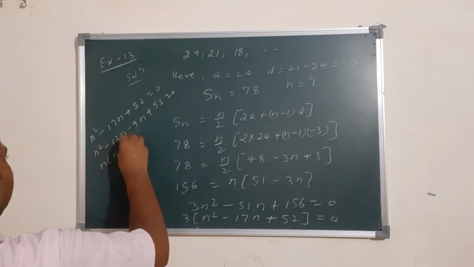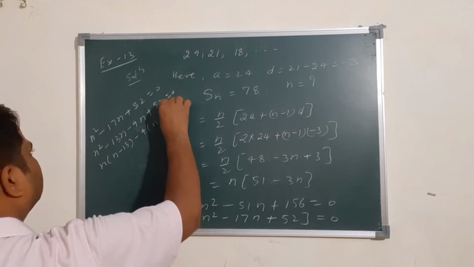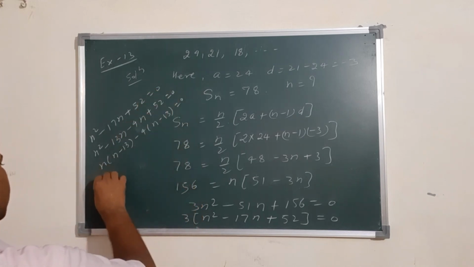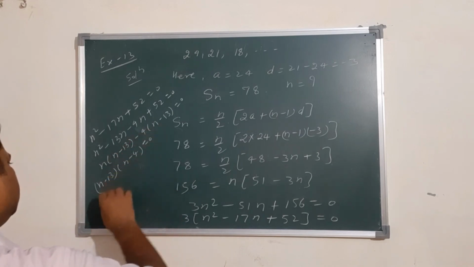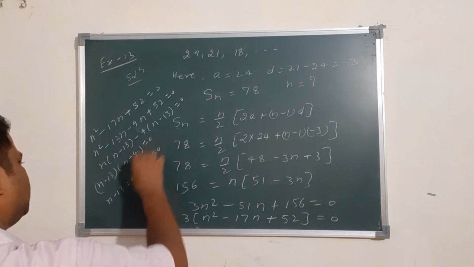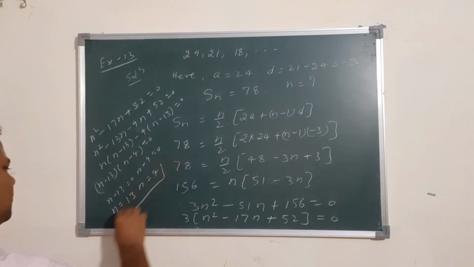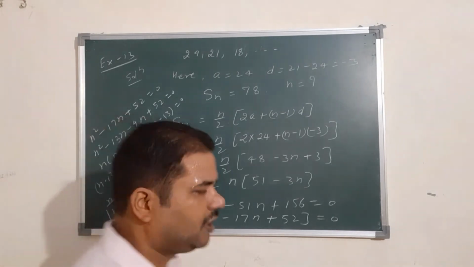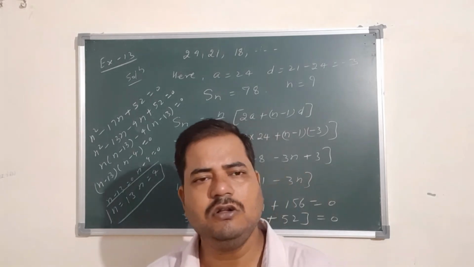So (n minus 13) and (n minus 4) is equal to 0. So either n minus 13 is 0 or n minus 4 is equal to 0. So either n is equal to 13 or n is equal to 4. There are two answers.